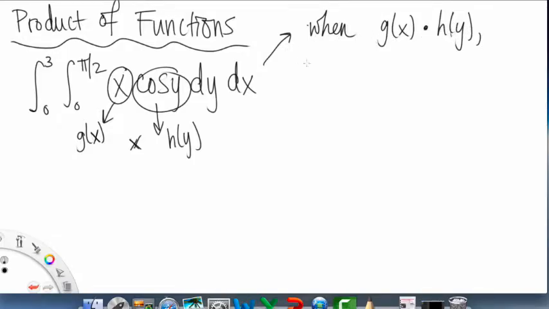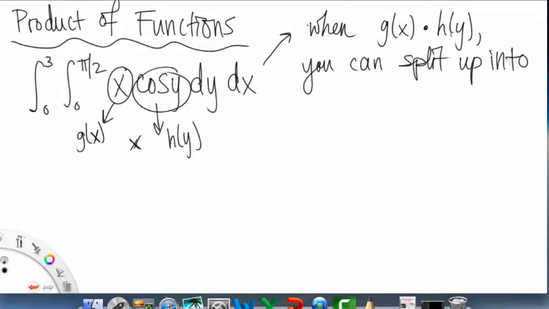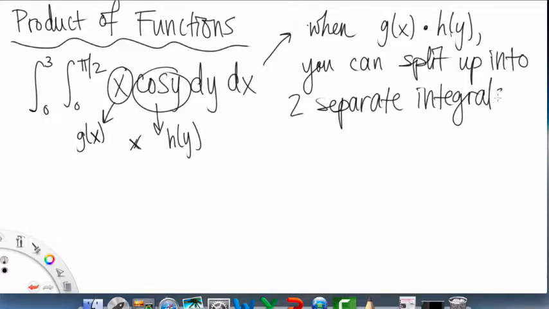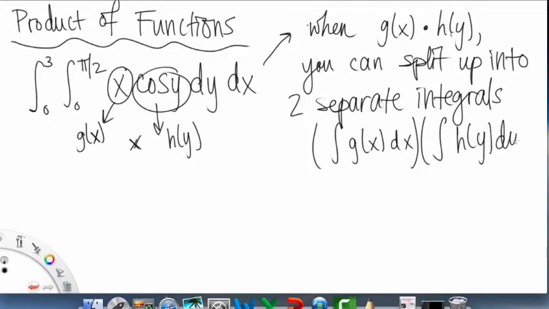So when this happens, you can split up into two separate integrals: the integral of g of x dx times the integral of h of y dy.